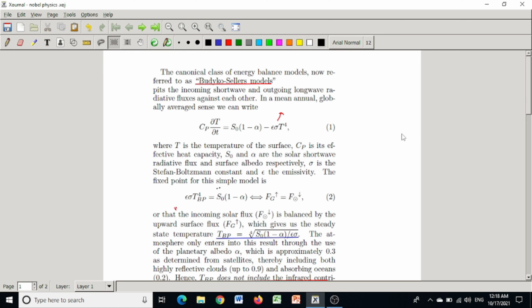This slide is for those who are interested in the derivation of the formula used in the previous slide. This is the canonical energy balance model.